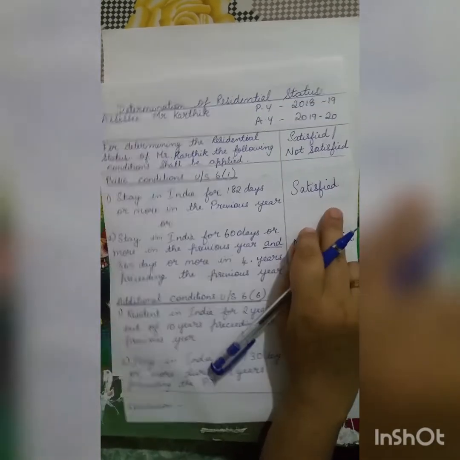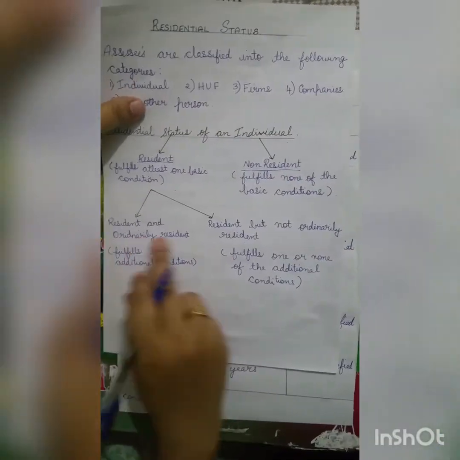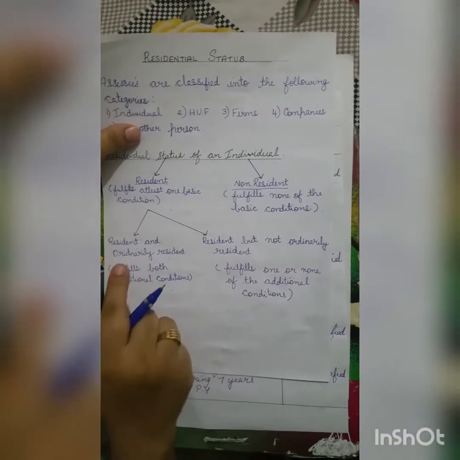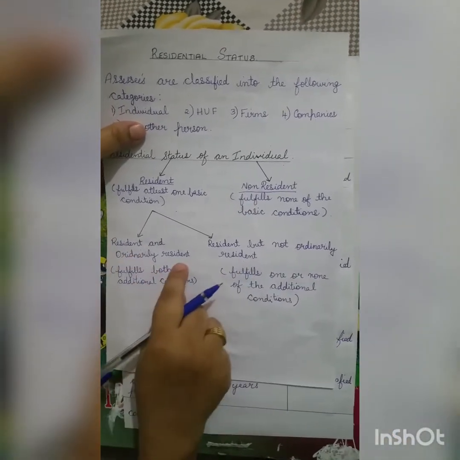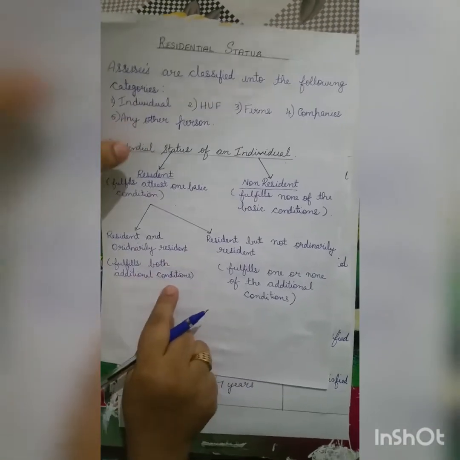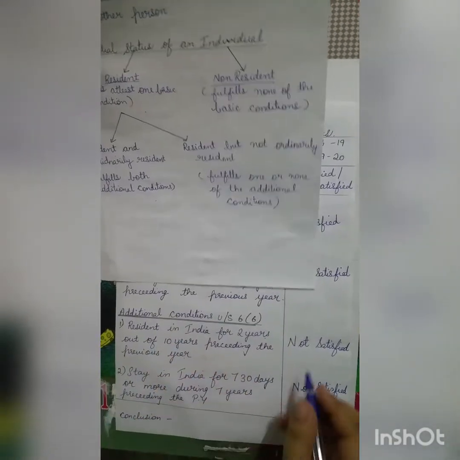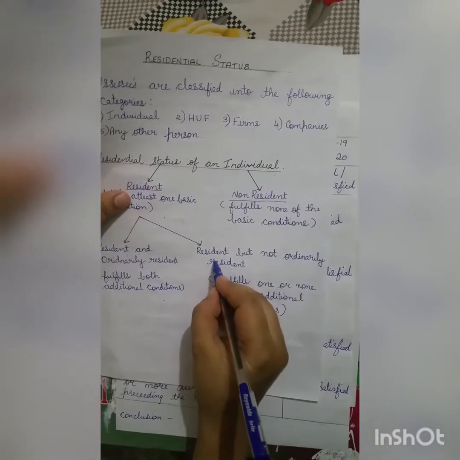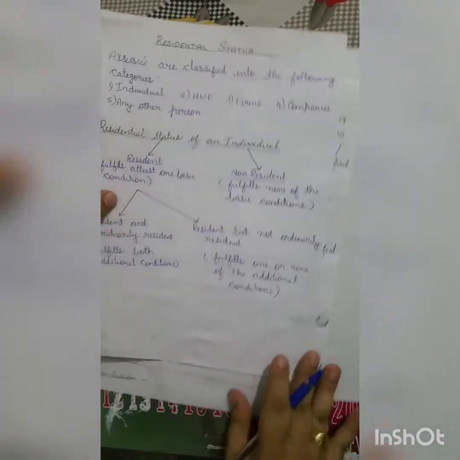Now again, resident is of 2 types: resident and ordinary resident, resident but not ordinary resident. Now for Mr. Karthik to be called a resident and ordinary resident, he should fulfill both the additional conditions. But here Mr. Karthik has not satisfied even one of the additional conditions. So Mr. Karthik is a resident but not ordinary resident.